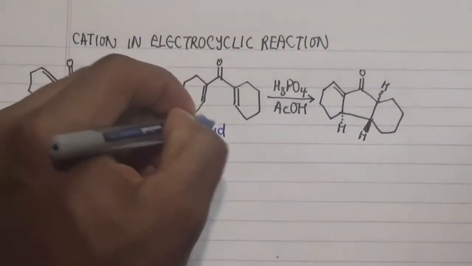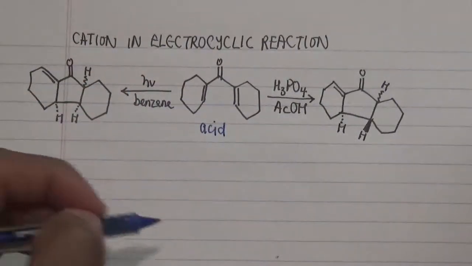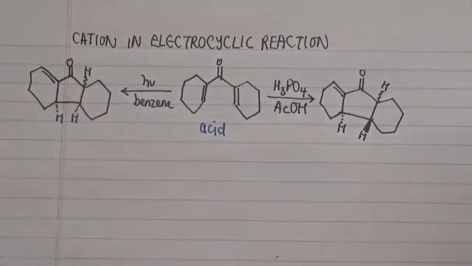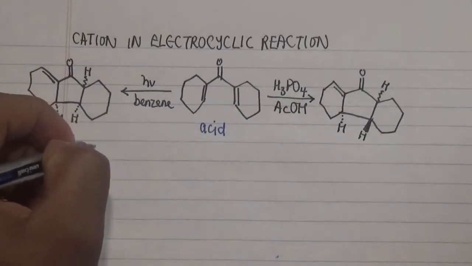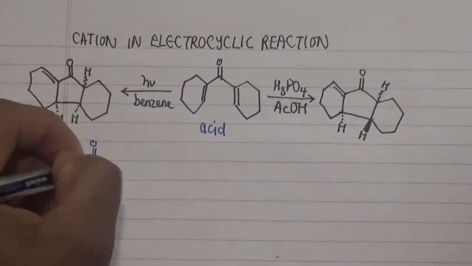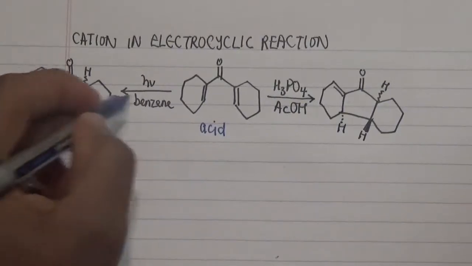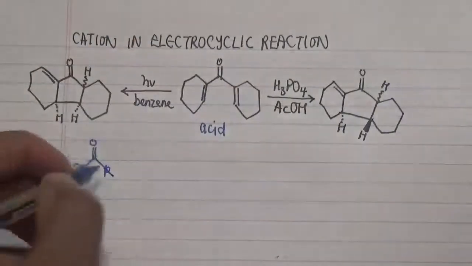Once we introduce a reasonably strong acid, we can protonate our compound here. So how does that take place? We have our ketone here with our R group, which is this segment and that segment here.